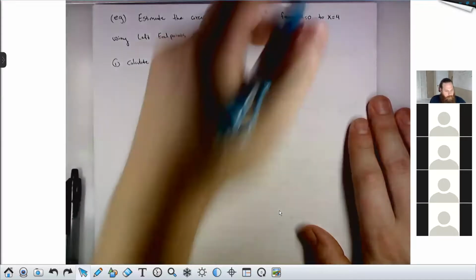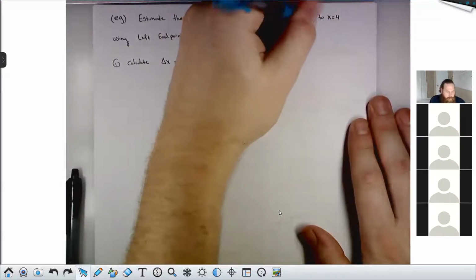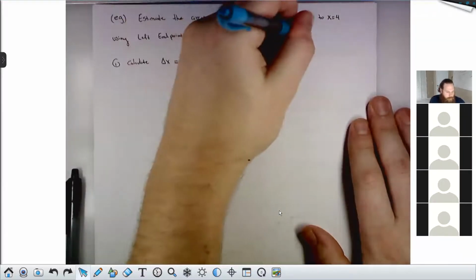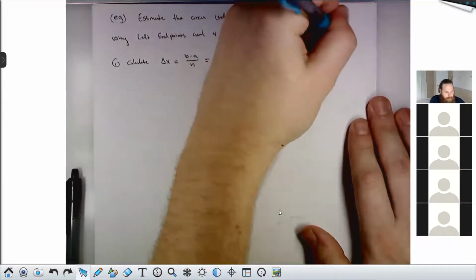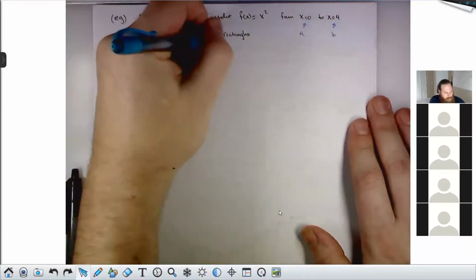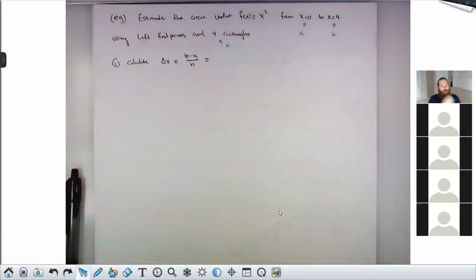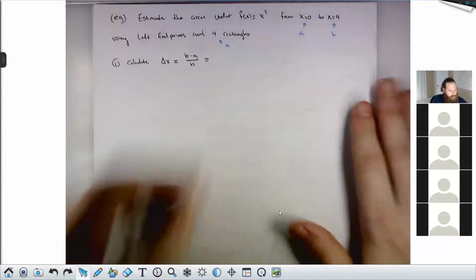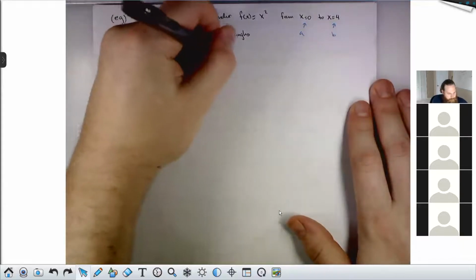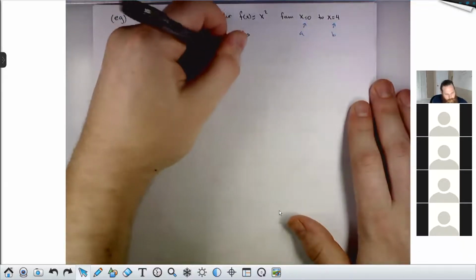A, remember, is always the smaller of the two x values. B is always the larger of the two x values. n is always the number of rectangles. So this is still 4 minus 0 over 4, or 1.